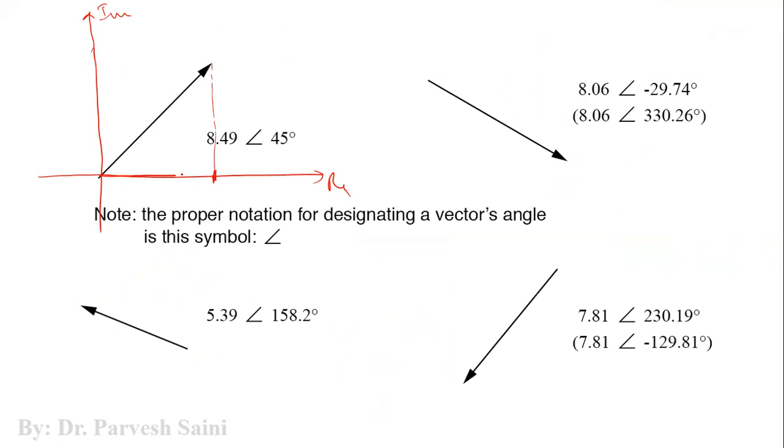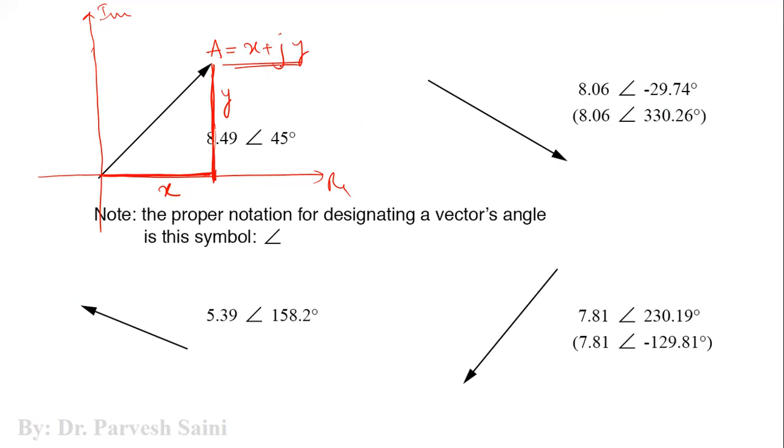Let us say this is some x and this is some y. If it is some quantity a, then a would be equal to x plus jy.